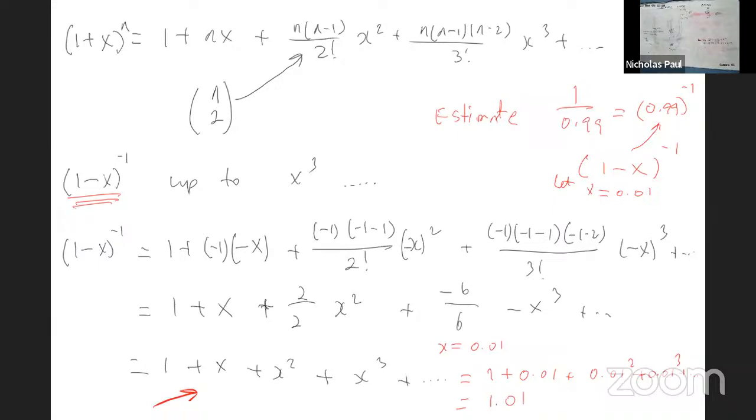This is a past paper, whole year, 2001 or something. Any questions there? Aliyah, any questions? Dylan? Kyra? All right, so try this one here for me.